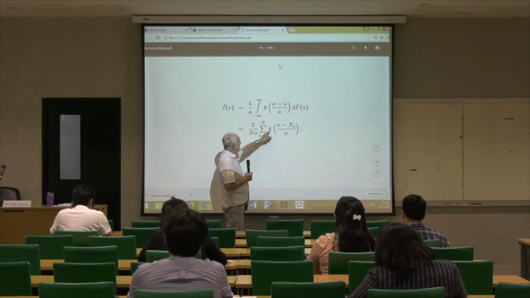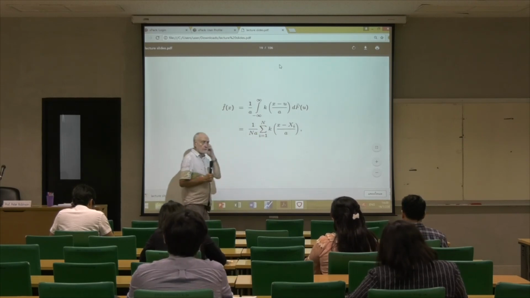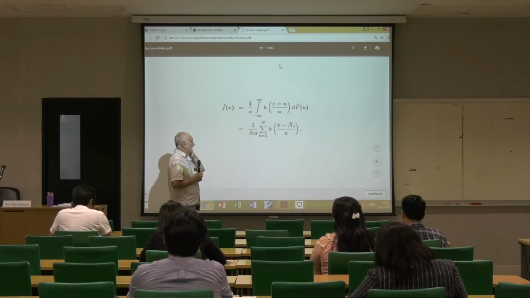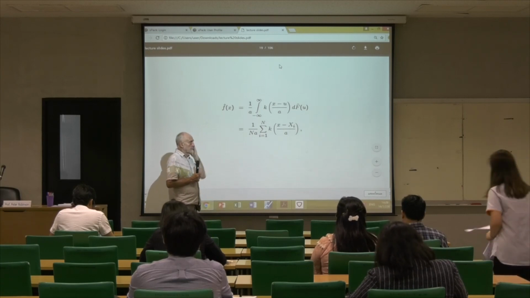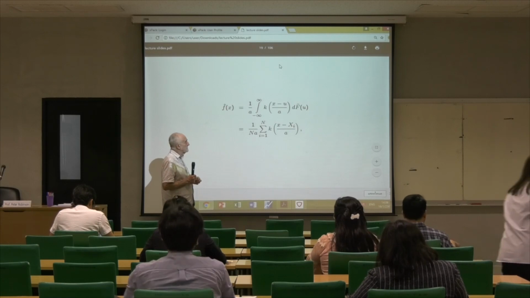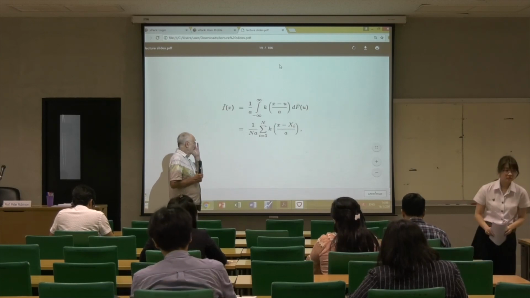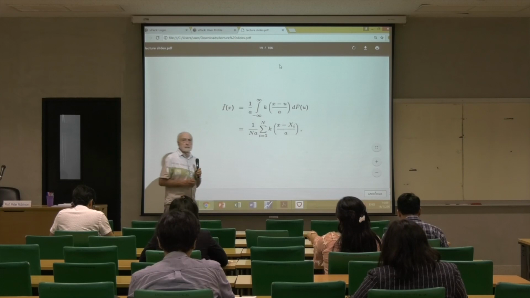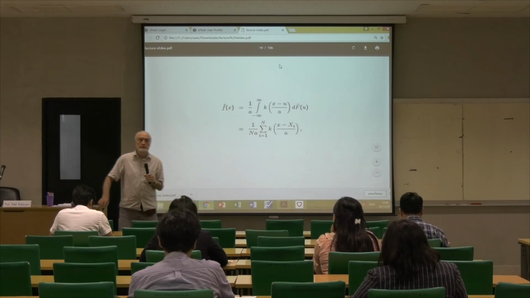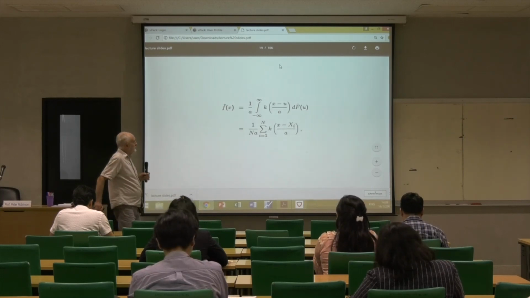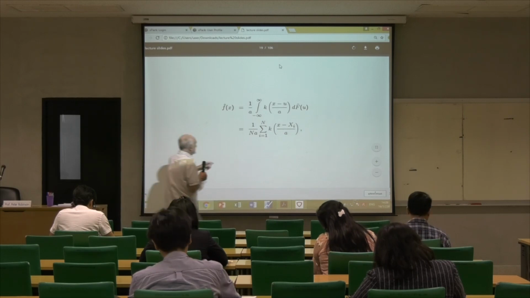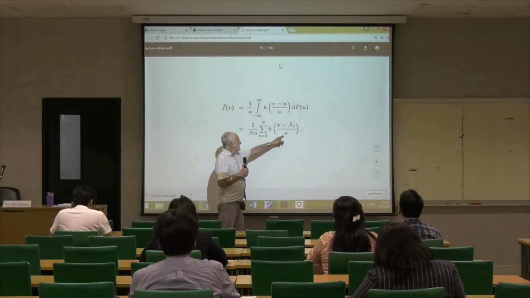The kernel function, I'll just remind you a bit about how we might choose that. I think I drew some pictures of that last time. That might be a probability density itself, like a normal density, but it doesn't have to be. And A is the bandwidth number which we have to choose.